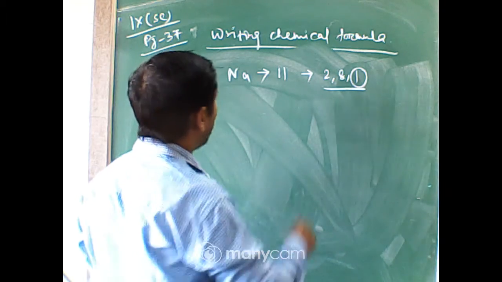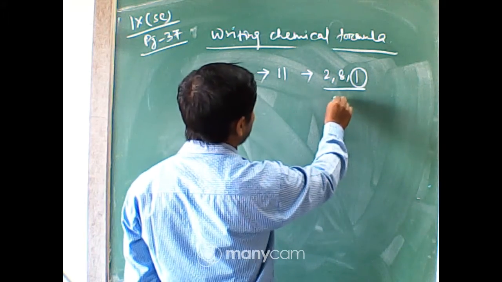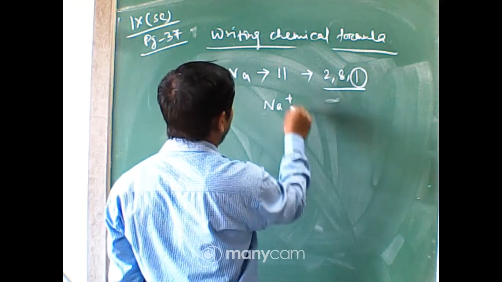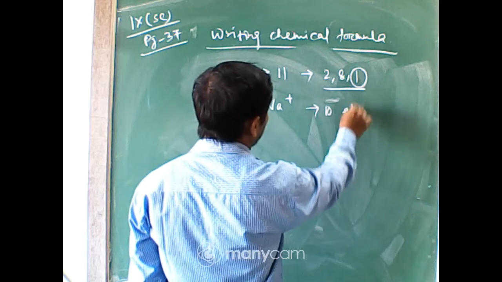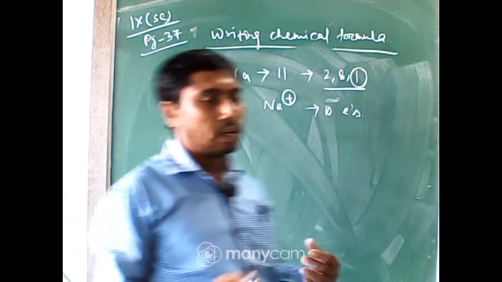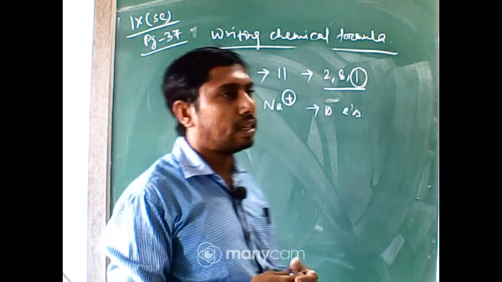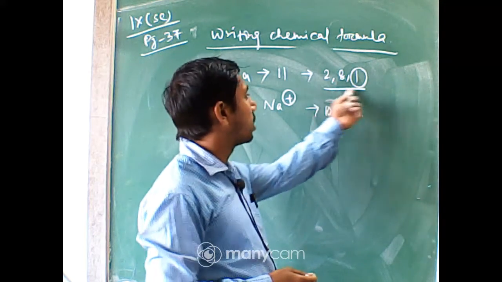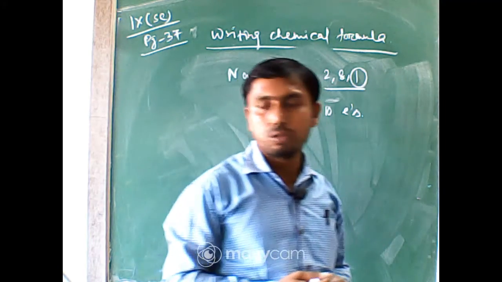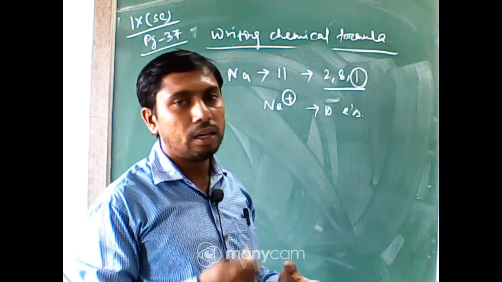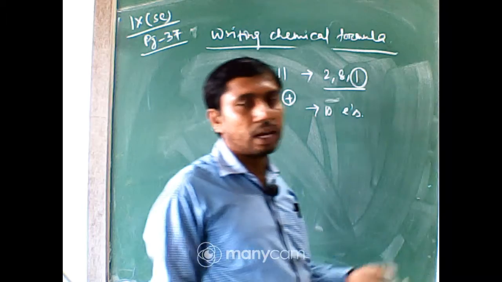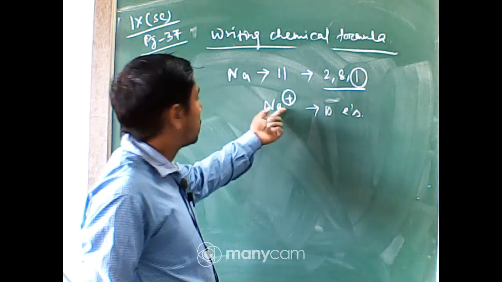If 1 electron is eliminated from the last shell, then it will become Na plus having 10 electrons. When the number of protons and electrons is equal, the charge is neutralized, but if any electrons are eliminated from the last shell, for the formation of compounds or to take part in a reaction, then it is the ionic form.